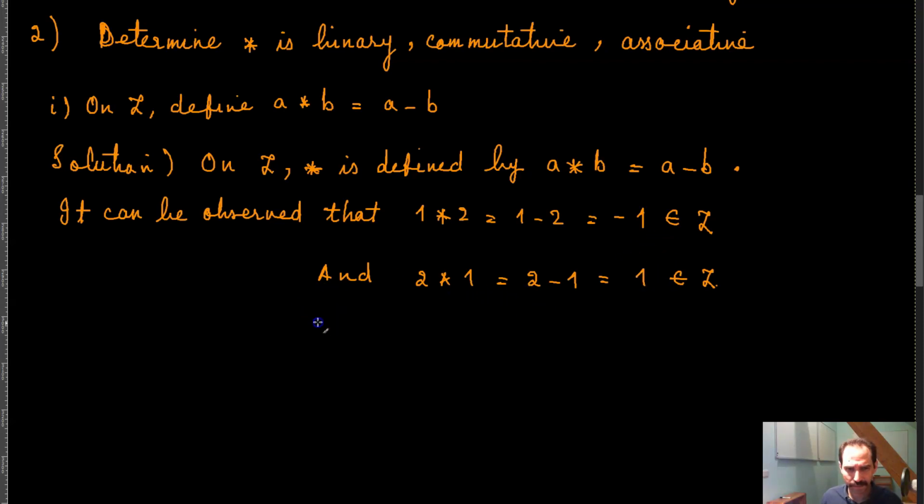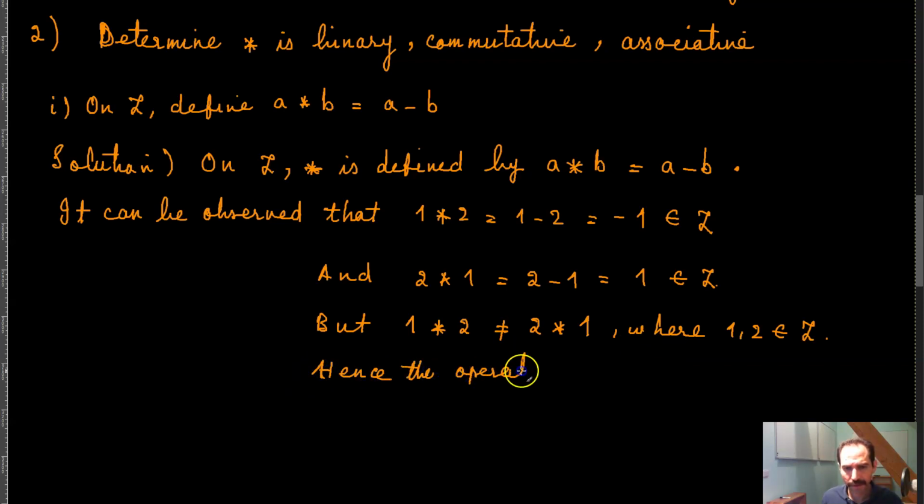But 1 star 2 is not equal to 2 star 1, where 1 and 2 belong to Z. So hence the operation is not commutative.